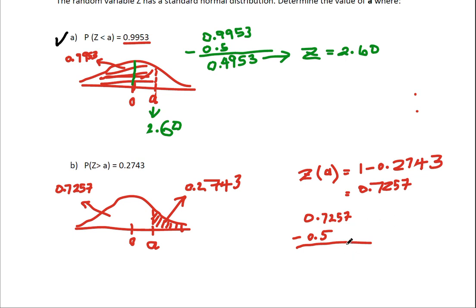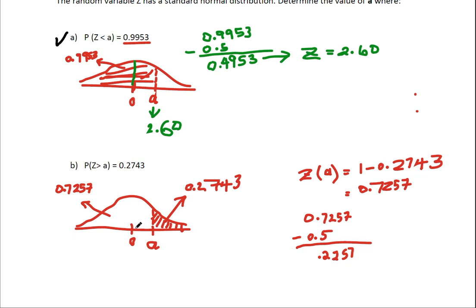If you are using a full table, we would just conclude the problem right away by just reading for 0.7257 from the table, and that would have been our answer. When we subtract here, we get 0.2257. That's what we get.